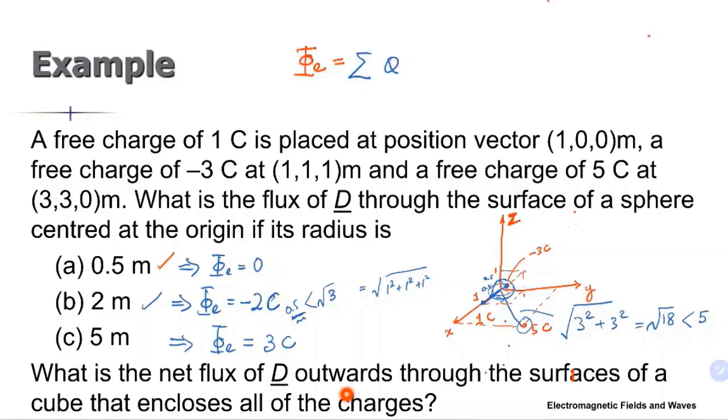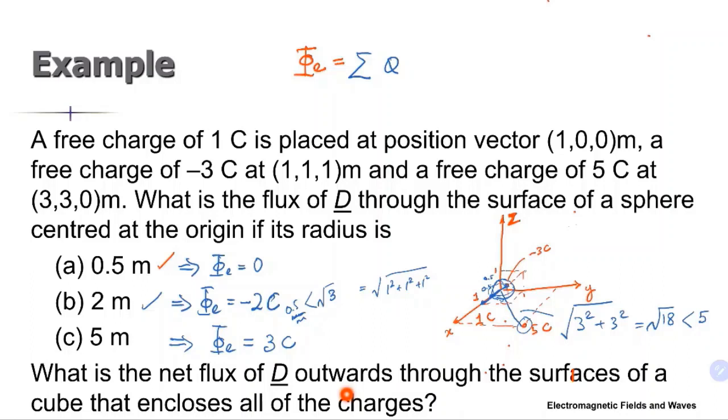You get the idea of what Gauss is saying. What Gauss' law is talking about? He's talking about what is enclosed inside that surface. So it's very important, it's inside the enclosed surface. So in the first one, nothing is inside the enclosed surface, then the electric flux is equal to 0.